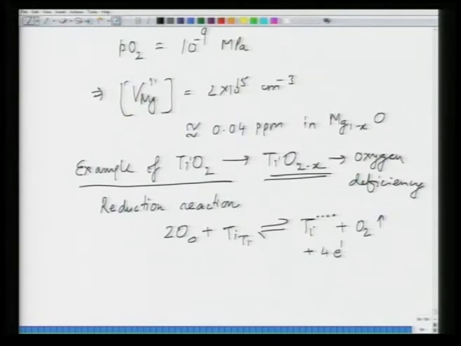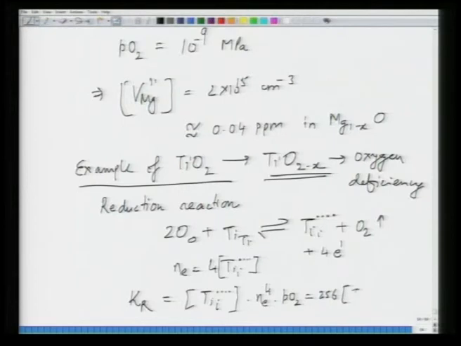Okay. So the electrical neutrality condition we know is Ne is equal to 4 of Ti interstitial, assuming that titanium interstitials are dominant, and Kr would be Tii multiplied by Ne4 into PO2, and if you make this equal to, so this becomes 256 Ti I to the power 5 multiplied by PO2.